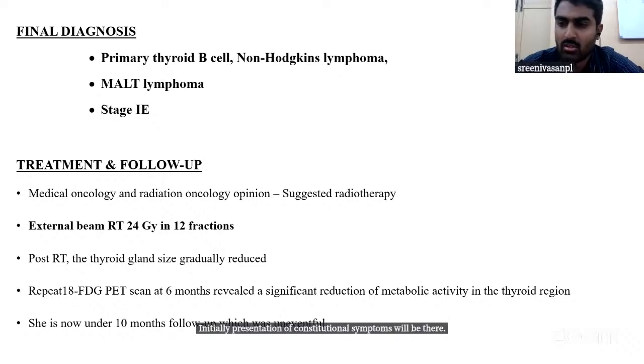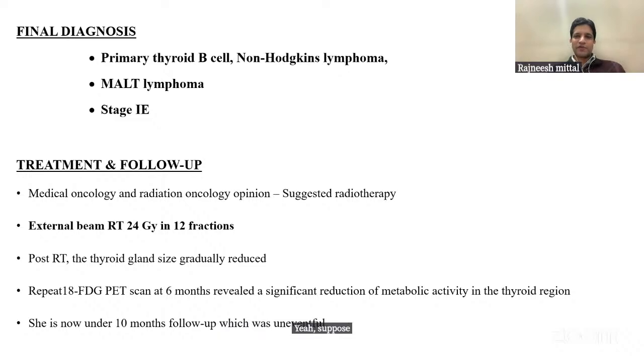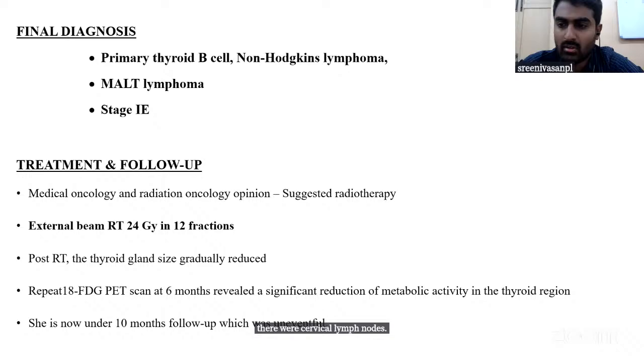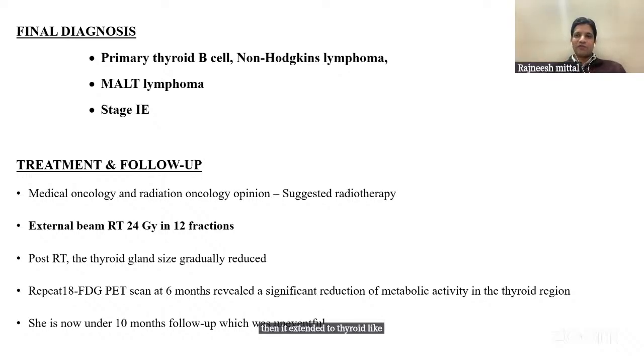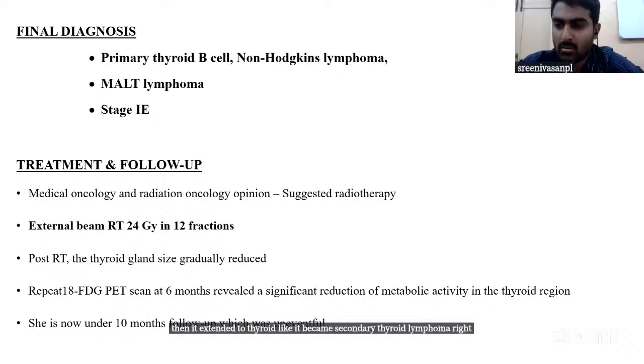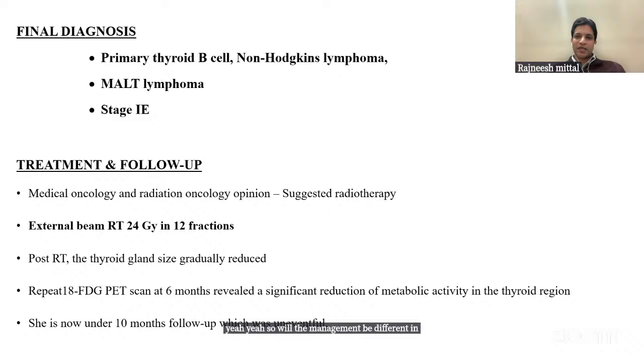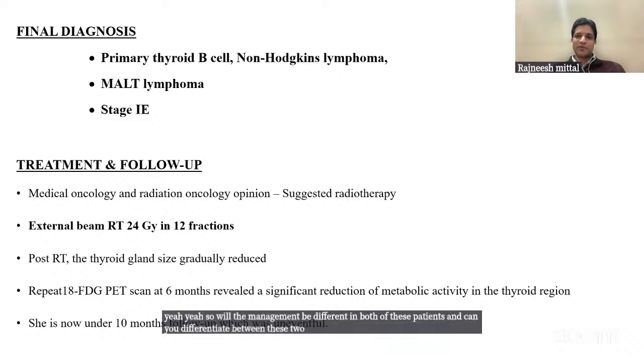Suppose there were cervical lymph nodes for this patient, and then it extended to the thyroid, like it became secondary thyroid lymphoma, right? Yes, sir. So will the management be different in both of these patients? And can you differentiate between these two, whether it's primary or secondary?